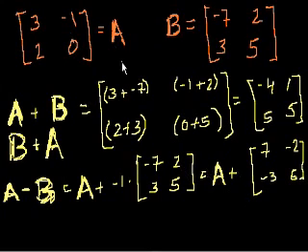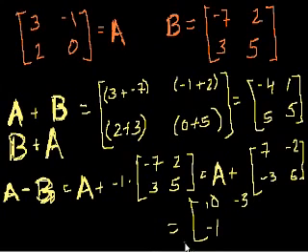And then we could do what we did up there, and we know what A is. So this would equal, let's see, A is up here. So 3 plus 7 is 10. -1 plus -2 is -3. 2 plus -3 is -1. And 0 plus 5 is 5.